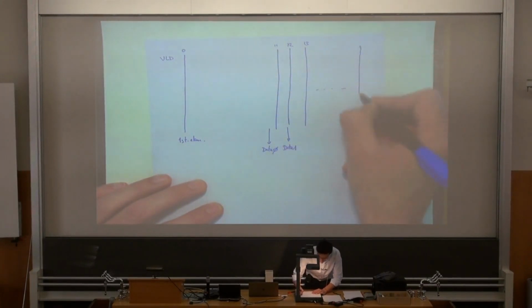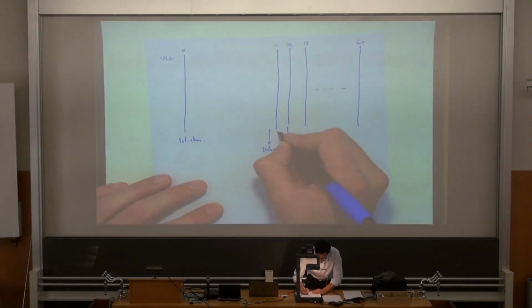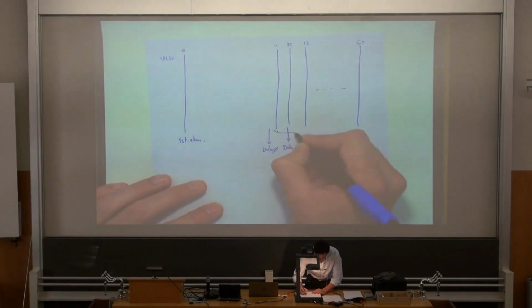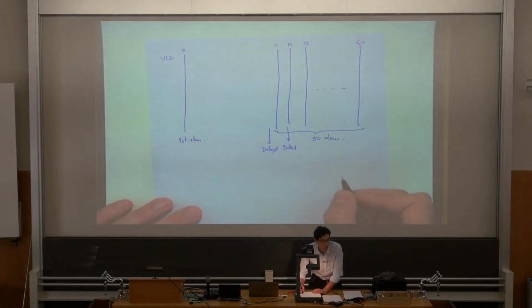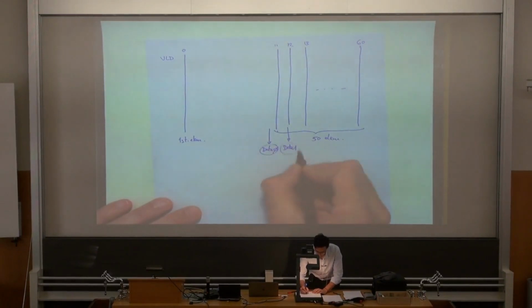And in cycle 60, we will have our last element. Observe that during this time we are getting 50 elements from memory. Every time that we get one of these elements, it goes to the corresponding position in the vector register.